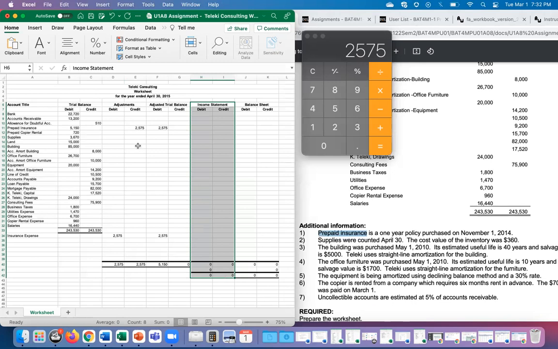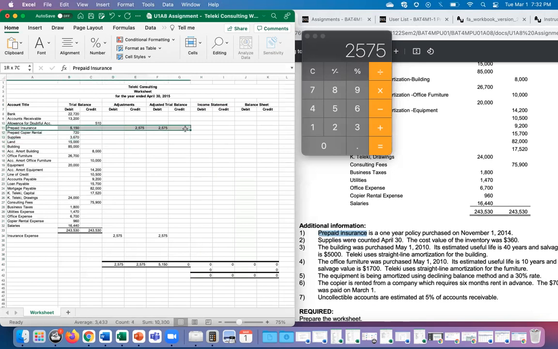So for example, our prepaid insurance account is an asset account, right? So an asset account does not get recorded on the income statement. Neither do liability accounts, only revenue accounts and only expense accounts.